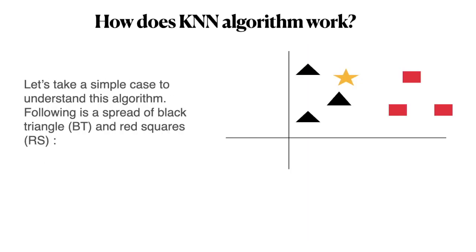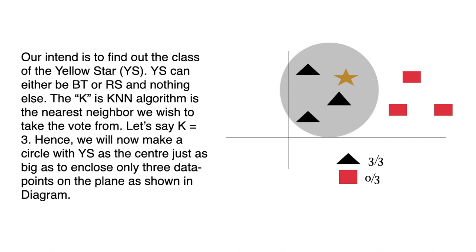Let us take a simple case to understand this algorithm. Following is a spread of black triangles and red squares. You intend to find out the class of the yellow star. Yellow star can either be black triangle or red square and nothing else. The KNN algorithm is the nearest neighbor we wish to take the vote from. Let's say k equals 3.